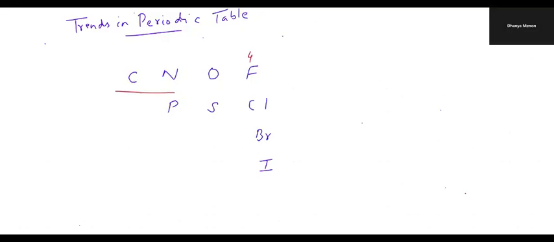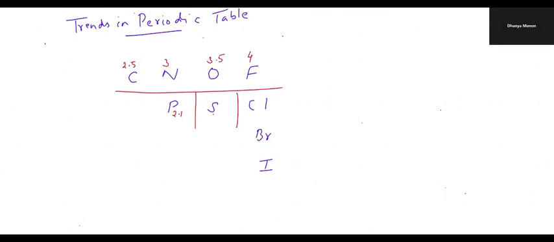For carbon, it is 2.5. For nitrogen, it is 3. Oxygen, it is 3.5. For phosphorus, it is 2.1. For sulfur, it is 2.5.